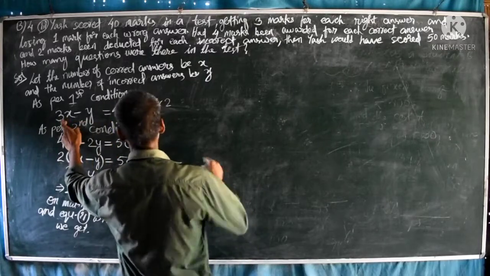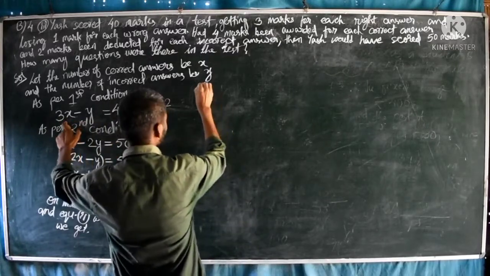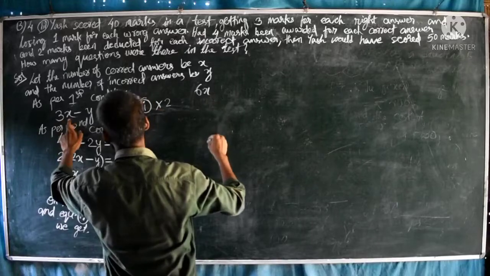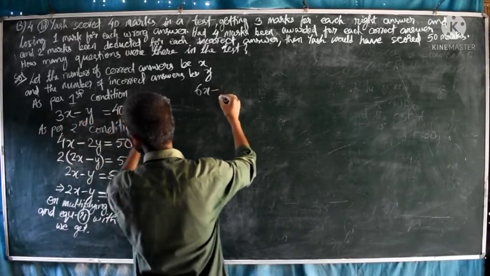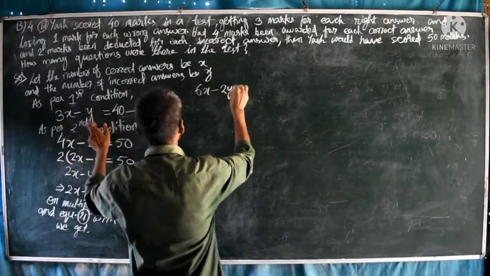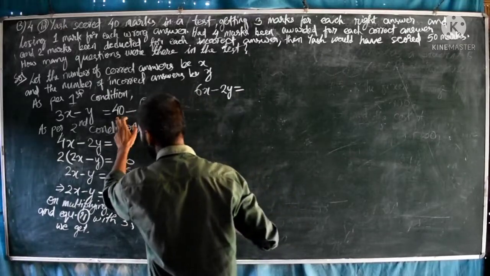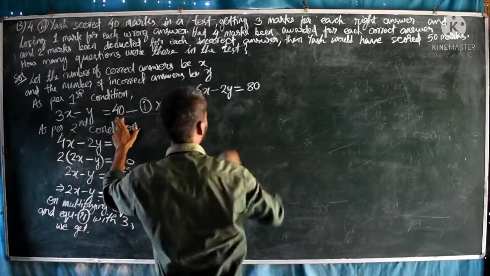So 3x, if we are multiplying with 2, 3 into 2 it is 6x minus 2 into y, 2y, is equal to 2 into 40, that is 80.